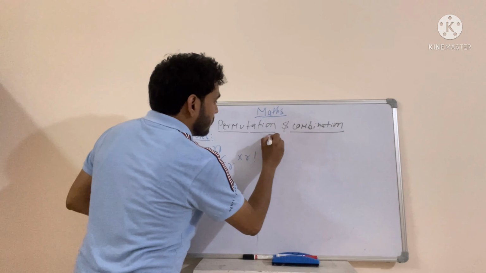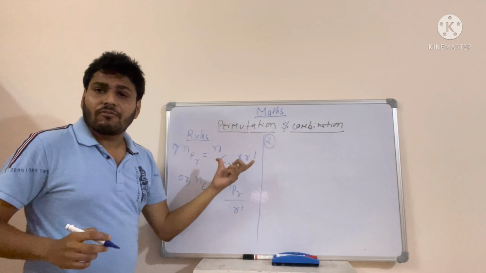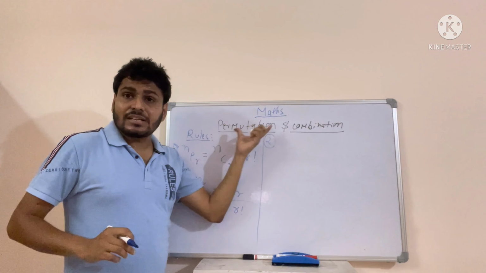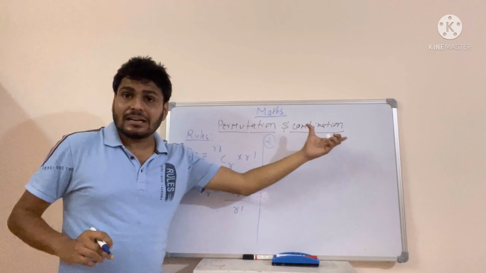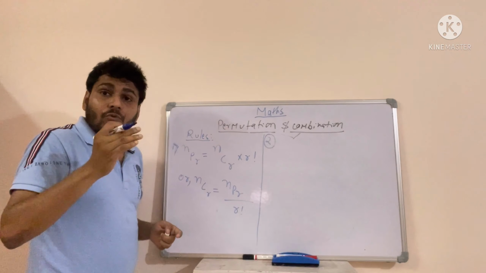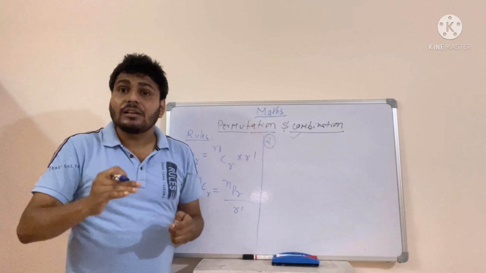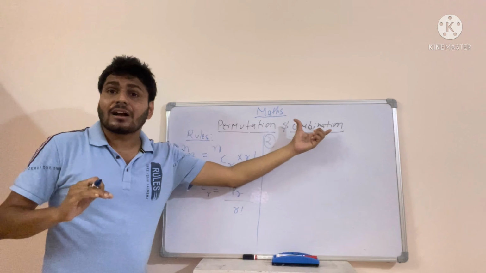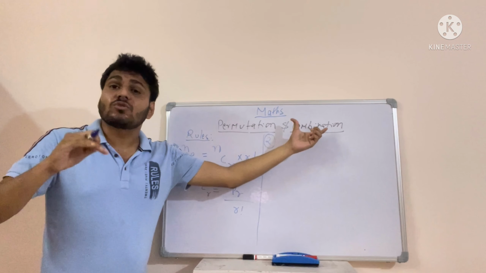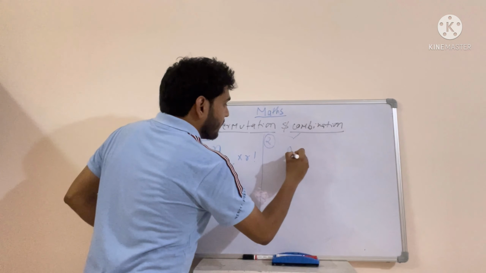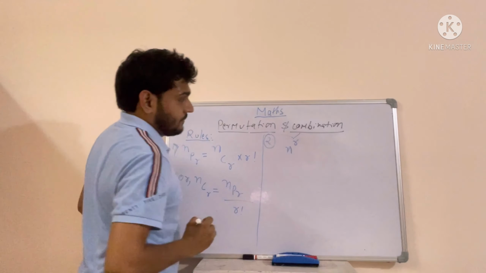Now number 2 rule. Number 1 and number 2 rules are very very important. In permutation and combination, this formula will be used when repetition is not allowed. If repetition is allowed, then the formula will be n to the power r.